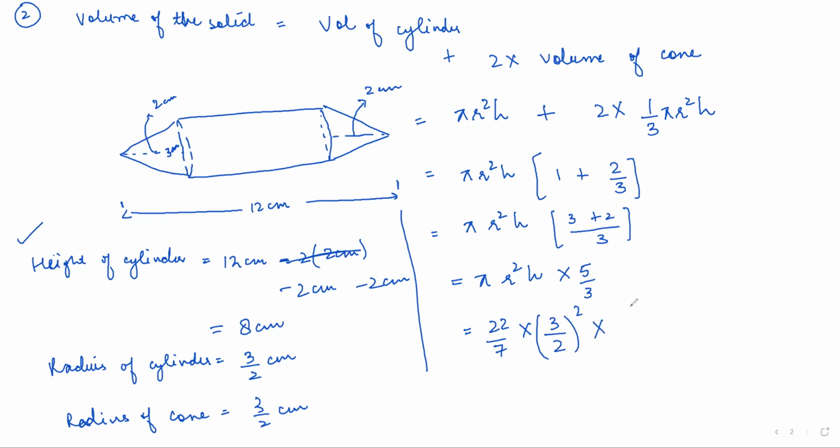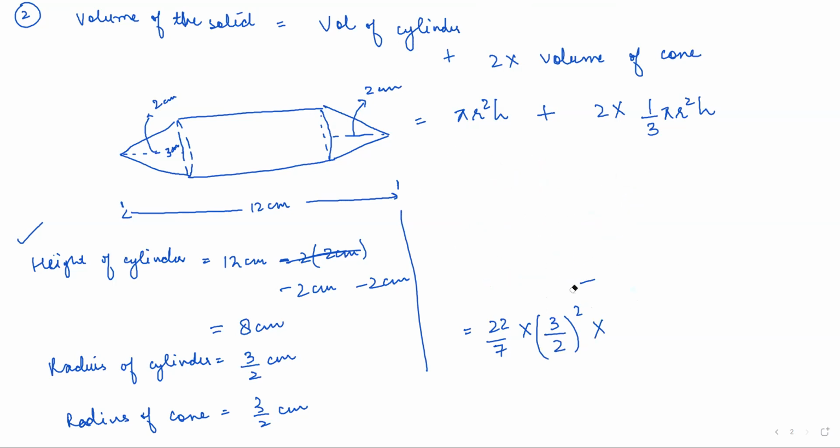Oh, have you got, ma'am, the mistake? Yeah, height is different, right? Yes, oh, sorry. That was the mistake I was making. I don't know why. Let's put it separately then. So at least pi I can take common, no issues. So leave it like pi into r is 3 by 2 whole square. Now this is height of cylinder, that is 8.